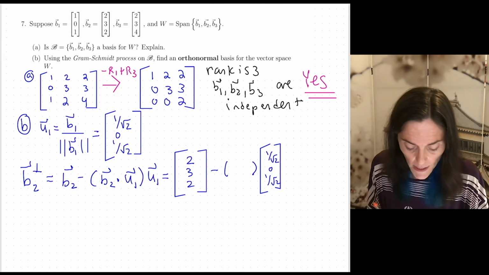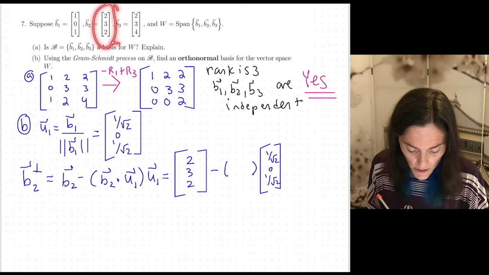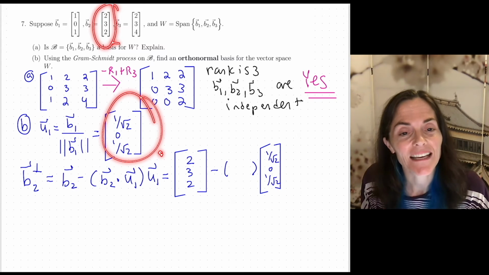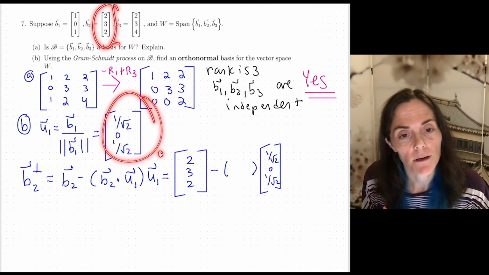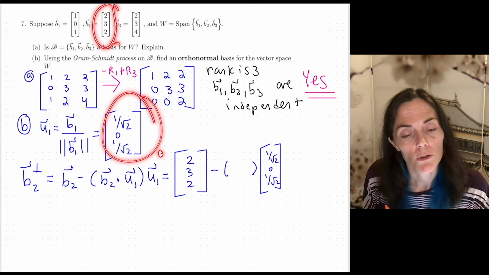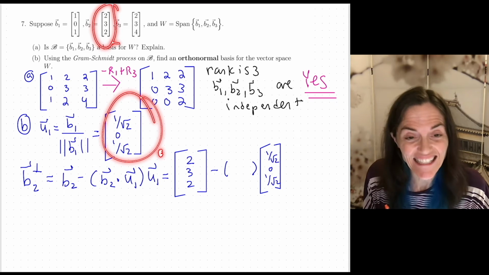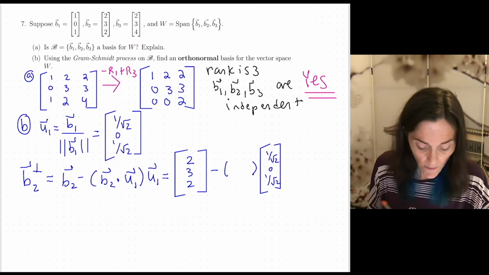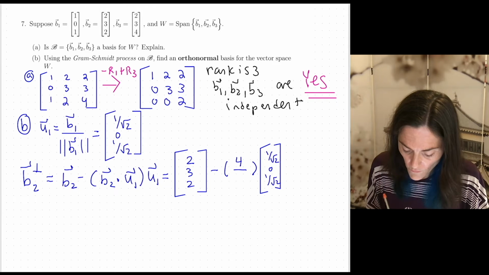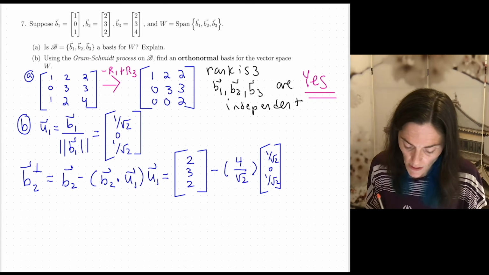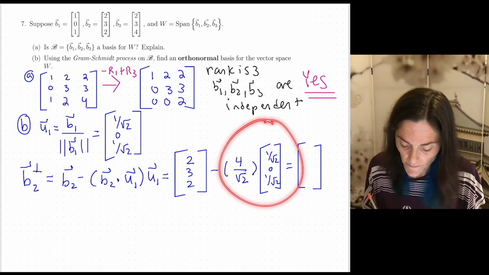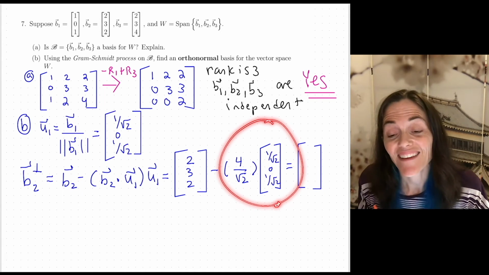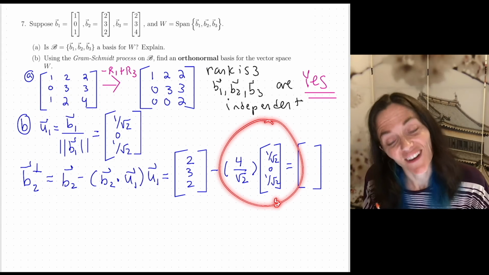But now the dot product. We have B2 dotted with U1, and you notice we get 2 over square root of 2 plus 2 over the square root of 2. So altogether we have 4 over the square root of 2. And you notice that each entry in this vector is 4 over 2, 0, 4 over 2, right?